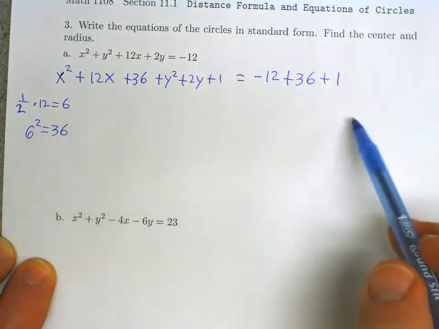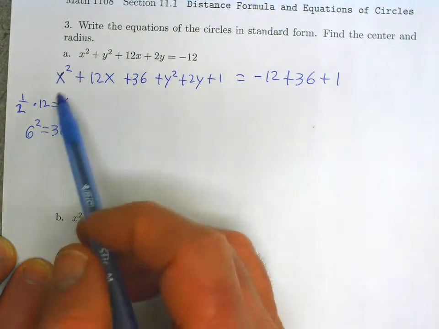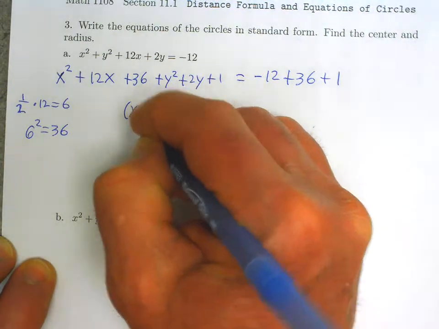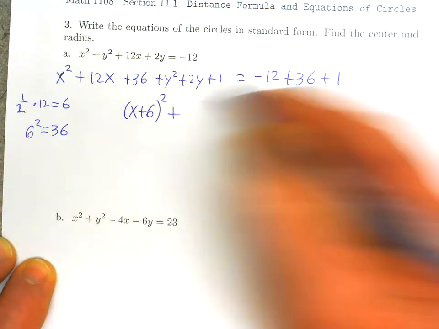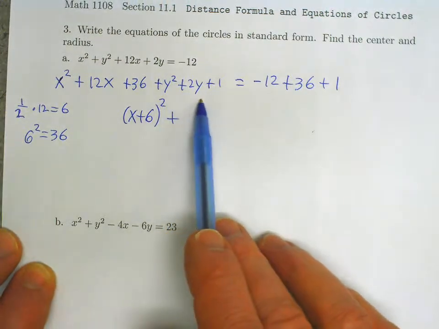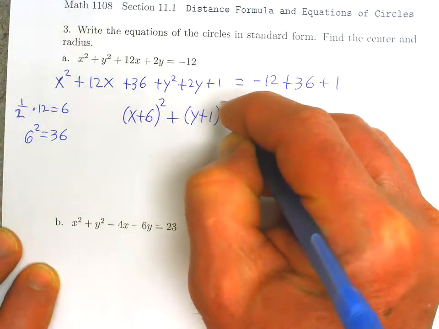And then the next equation will be the standard equation. X squared plus 12x plus 36 is the binomial x plus 6 squared. And y squared plus 2y plus 1, that's the binomial y plus 1 squared.